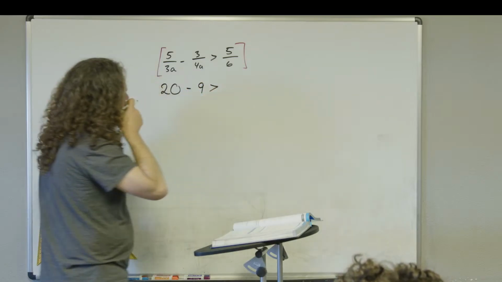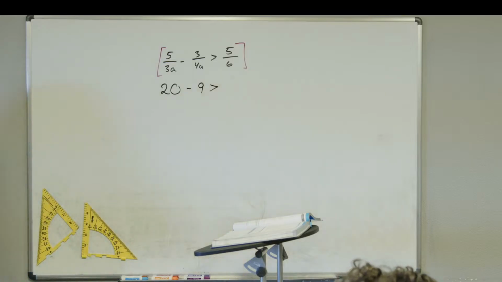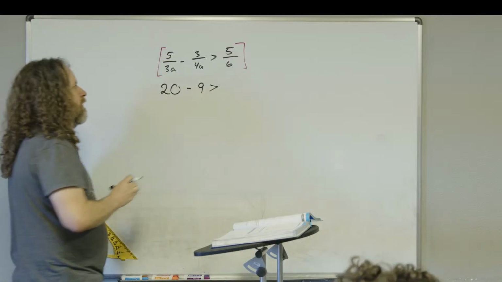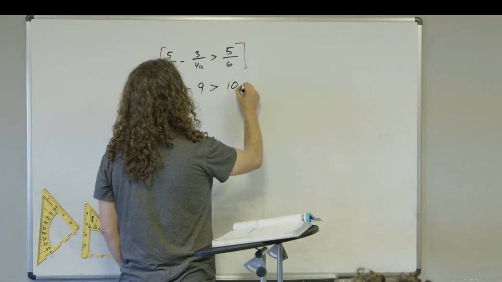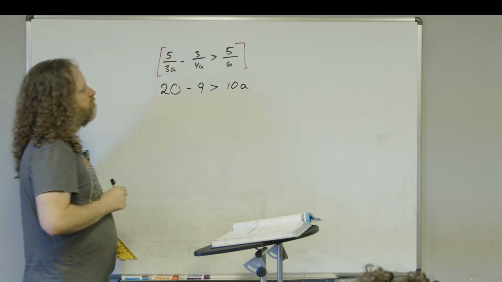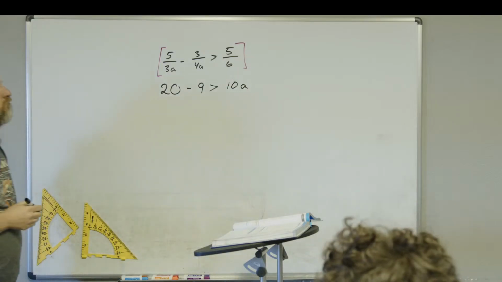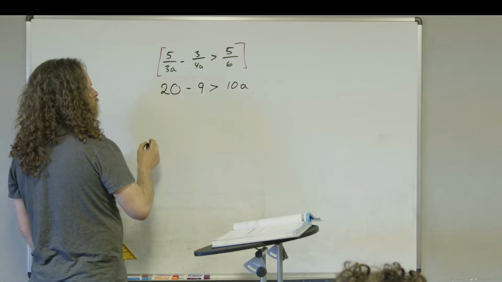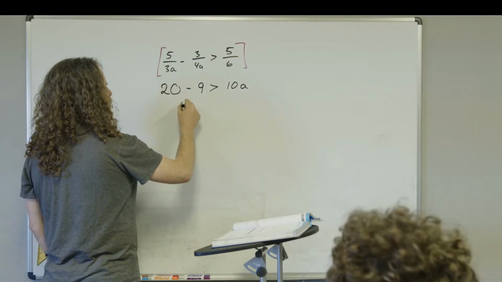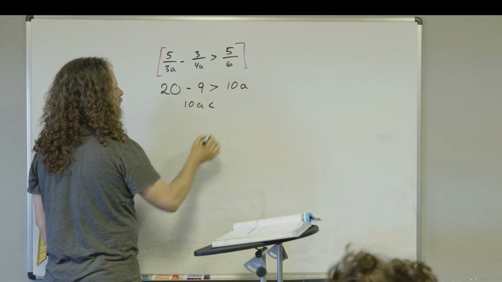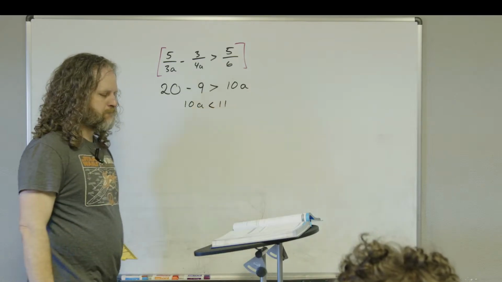What is left on the last one? 2a. 2 times 5 is 10. Now what? 10a is less than 11, right?